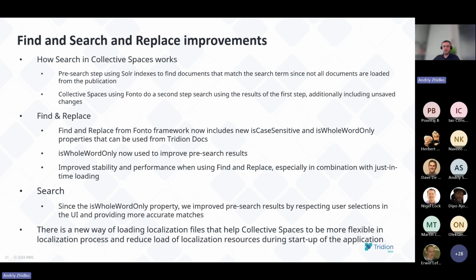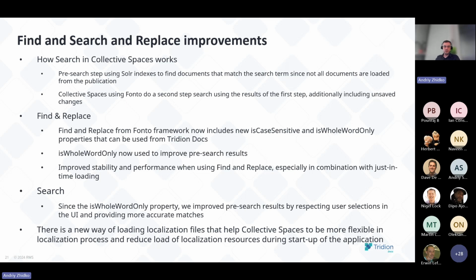I will show you the difference between how it was, what results were returned previously, and what you will be able to see now. Additionally, we also improved stability and performance when using the find and replace feature, especially in combination with just-in-time loading.